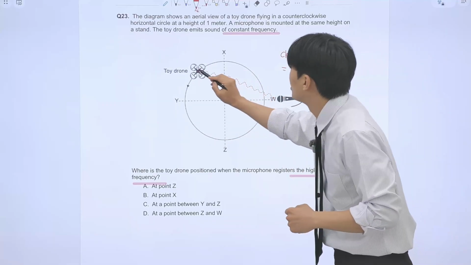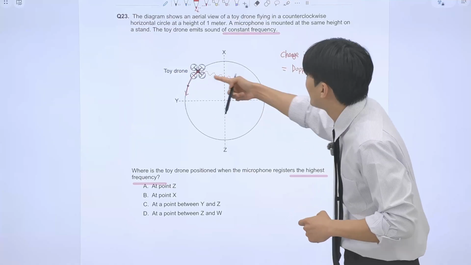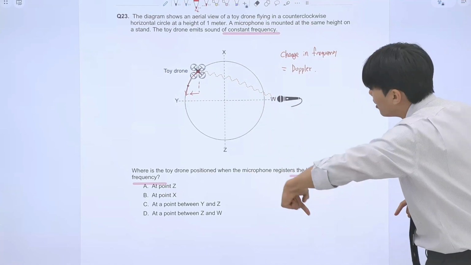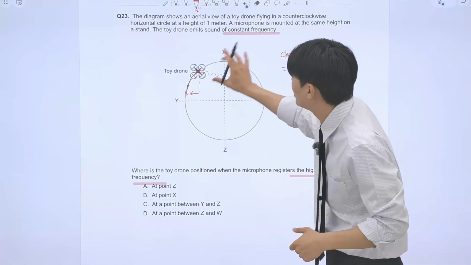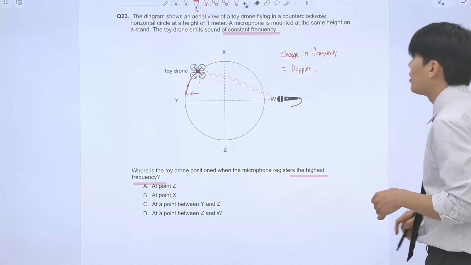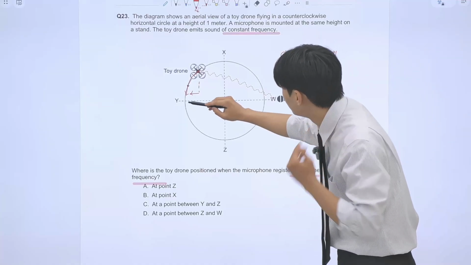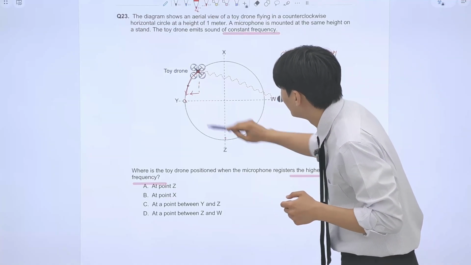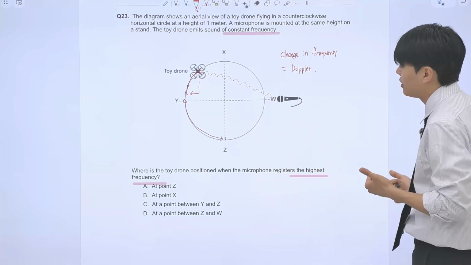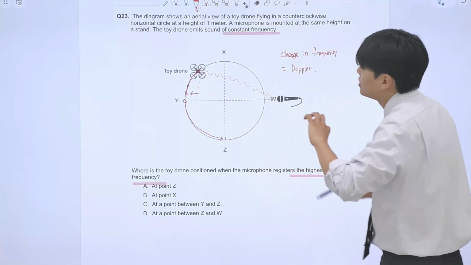For example, it goes that way and goes far away from the mic, which means the frequency should be lower. Between X and Y, the frequency goes down. How about these two? From Y to Z, it goes towards the mic. That's pretty good, so from Y to Z the frequency increases.